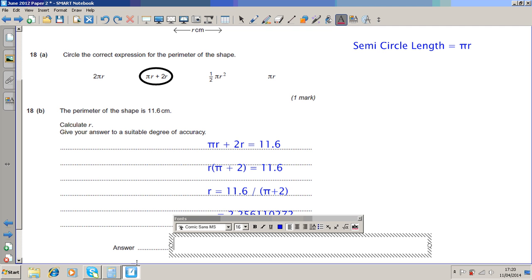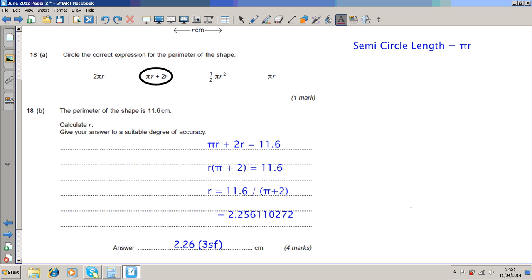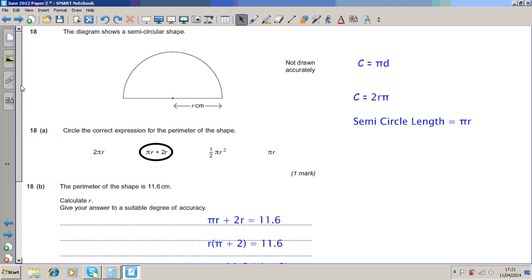So I would say that is 2.26 or 2.3. I think you probably get the marks either way on that one. I'll go 2.26 to 3 significant figures. But 2.3 I think to 1 decimal place would be fine as well. Alright, next one, 19.